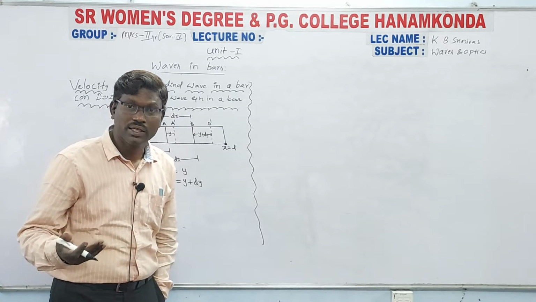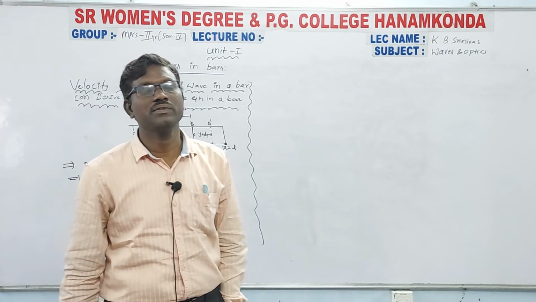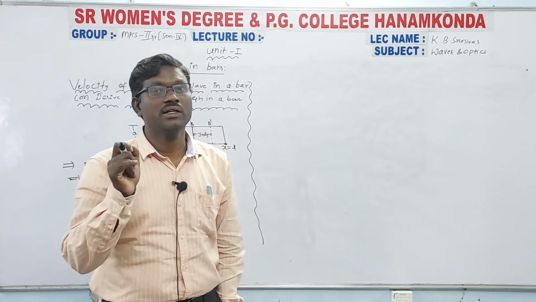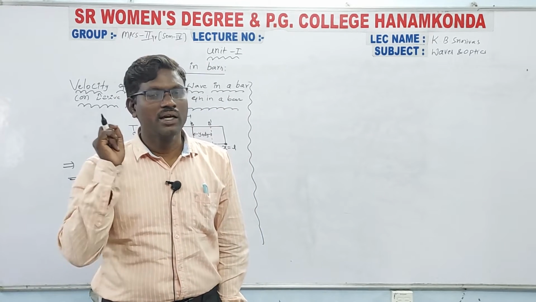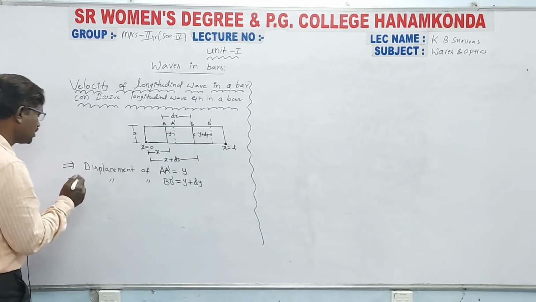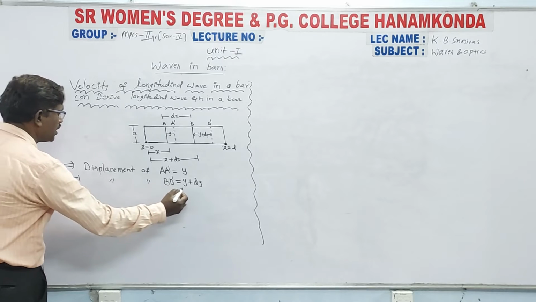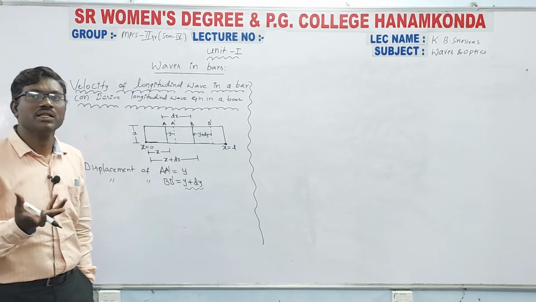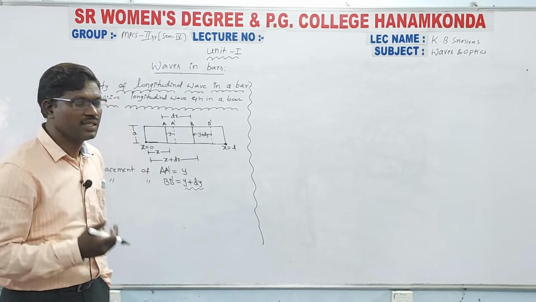Next, I want to calculate y plus dy by using Taylor series. Already we have used Taylor series in the first part of this unit, during the derivation of the velocity of a transverse wave. What is Taylor series? Just remember the Taylor series. I want to expand y plus dy with the help of Taylor series.